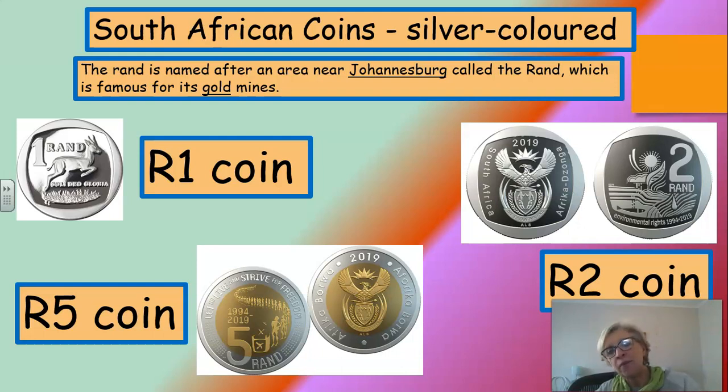After a few years, the government will decide we need to redesign a new 5 rand coin or a new 2 rand coin, depending on something that might be happening in our country, like a new president has been voted in, or an Olympic Games or a World Cup that a country is hosting. And so often we have different designs of all these coins. But our silver coins are 1 rand, 2 rand and 5 rand coins.